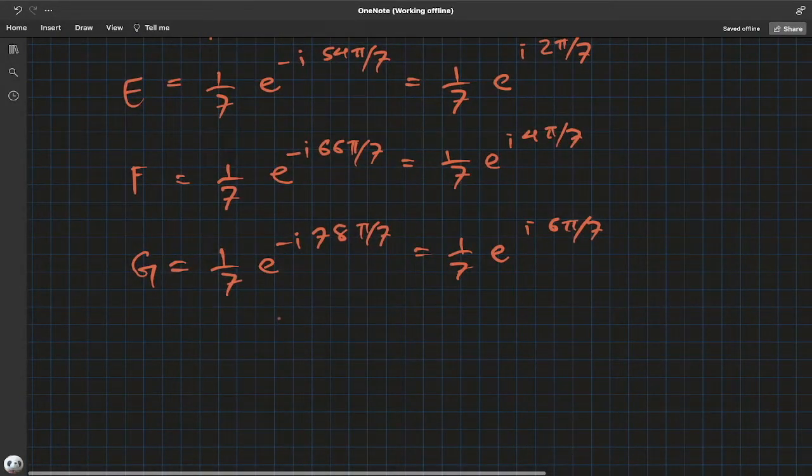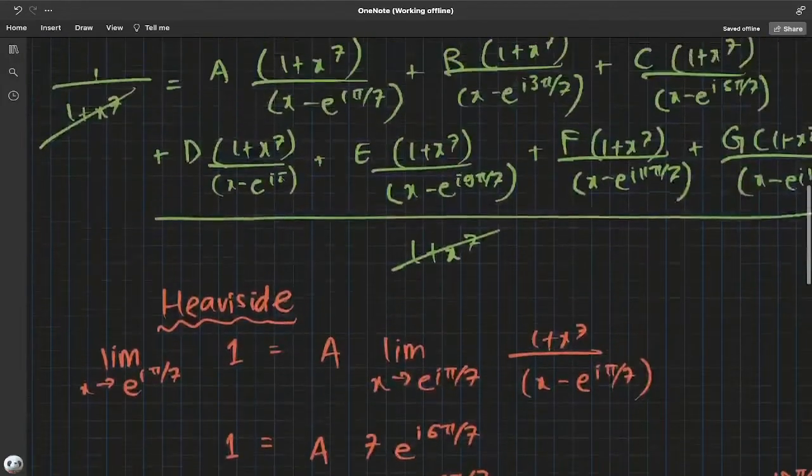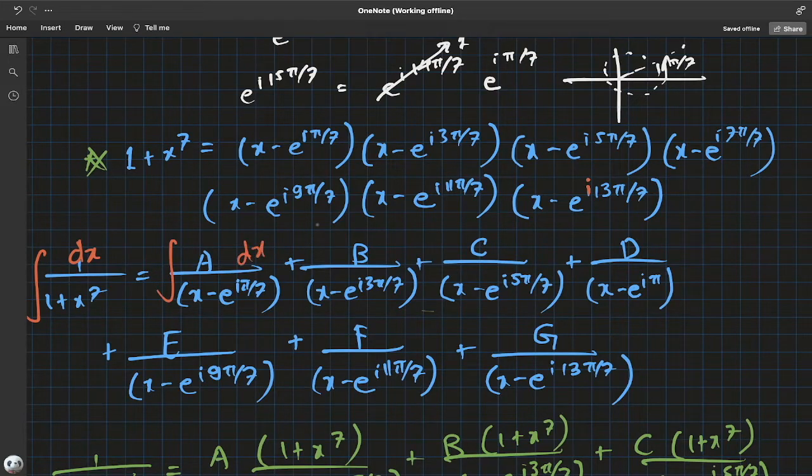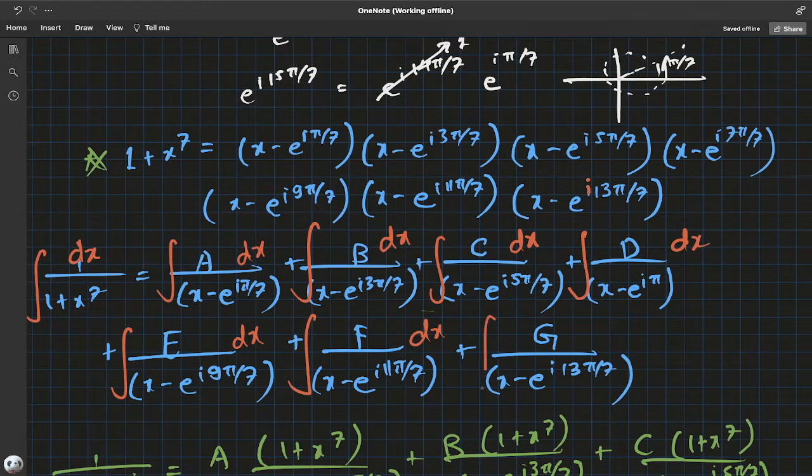Okay, so what's left is integration, because now we've split them up. Integration is not that bad because we have linear factors and constants with respect to x. So all of those linear factors just become corresponding natural logs with absolute values.